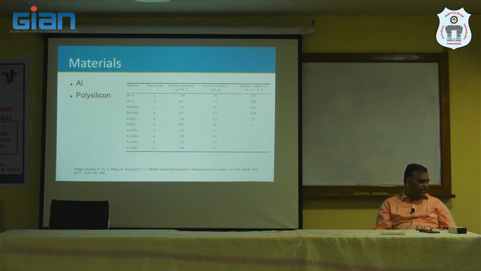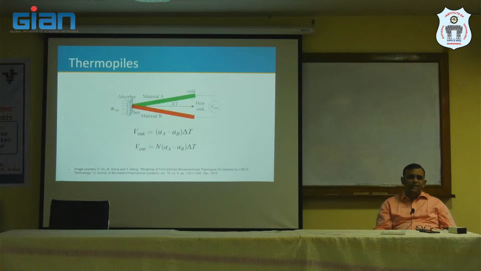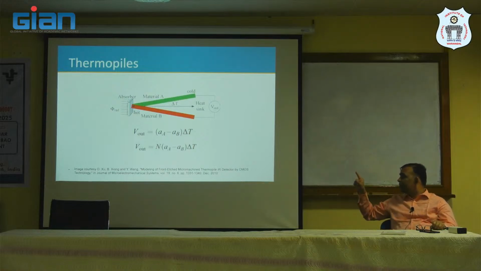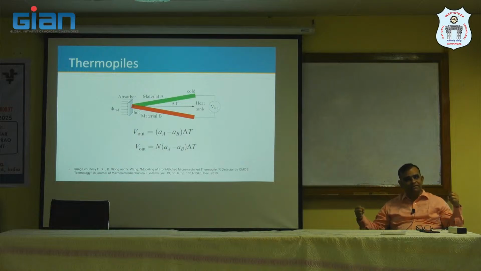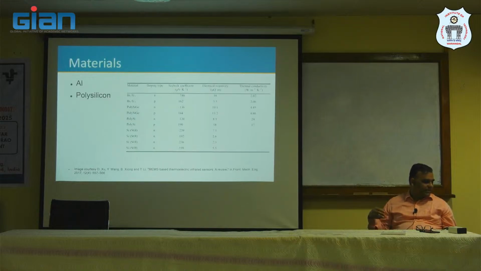But before that, let us try to figure out, so here we need two different types of material, right. Ideally it would be good, because the voltage produced is the difference of their Seebeck coefficients times temperature, so ideally what we should make is these two materials having large differences of their Seebeck potential. Then I will get high voltage, and my apologies, now I am going to bore you with a table. So, here are some materials which we have available in the CMOS process itself.